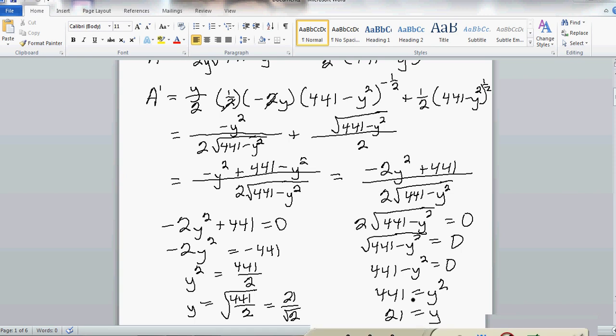Now realize this 21 is not going to do us any good, because the entire length of the beam is 21. So we can throw this out for practical reasons. Y can't be 21 because then there wouldn't be any area whatsoever. We can think that through, or we can also put it into the number line.